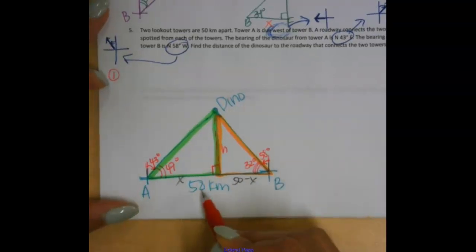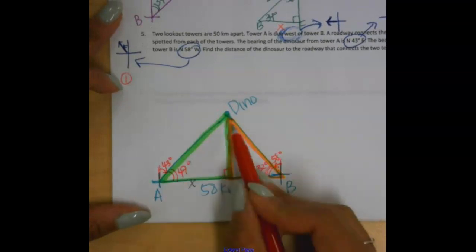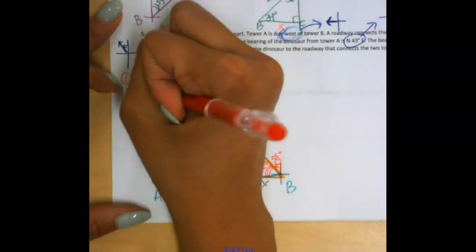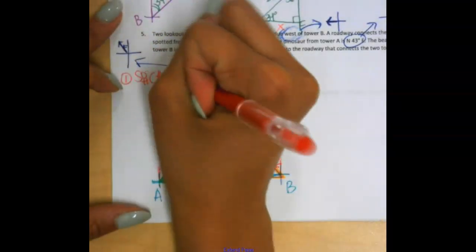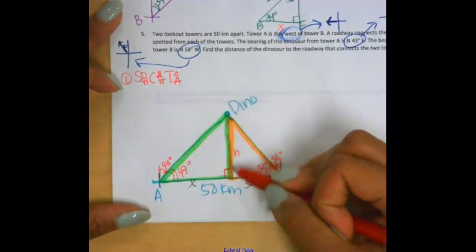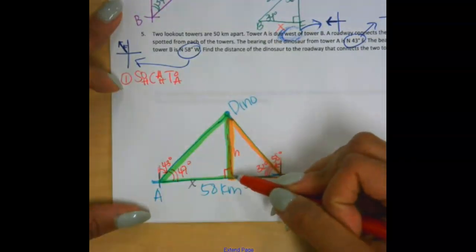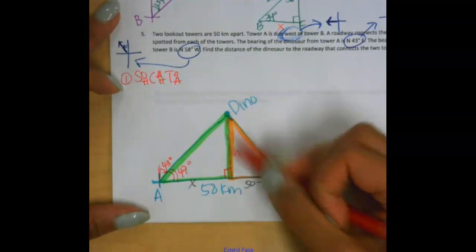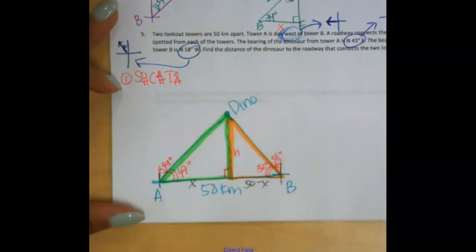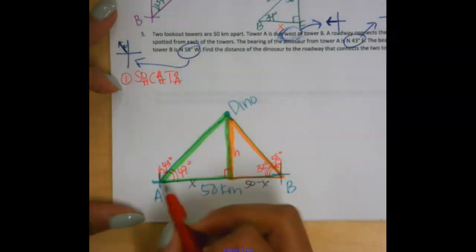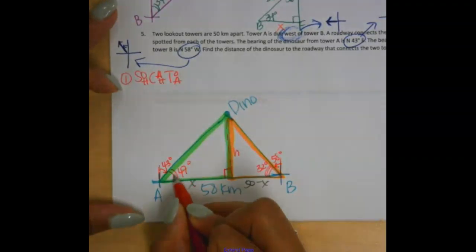So for this question, the first thing I'm going to do, I'm going to start with the green triangle, and I'm going to use SOHCAHTOA. Remember how you guys just told me that these two triangles share side H? I want to get H to be by itself in both of my trig ratios that I'm about to use. So in this green triangle, don't worry about finding this upper angle up here. There's no point. So let's just use 47 degrees. This is opposite.